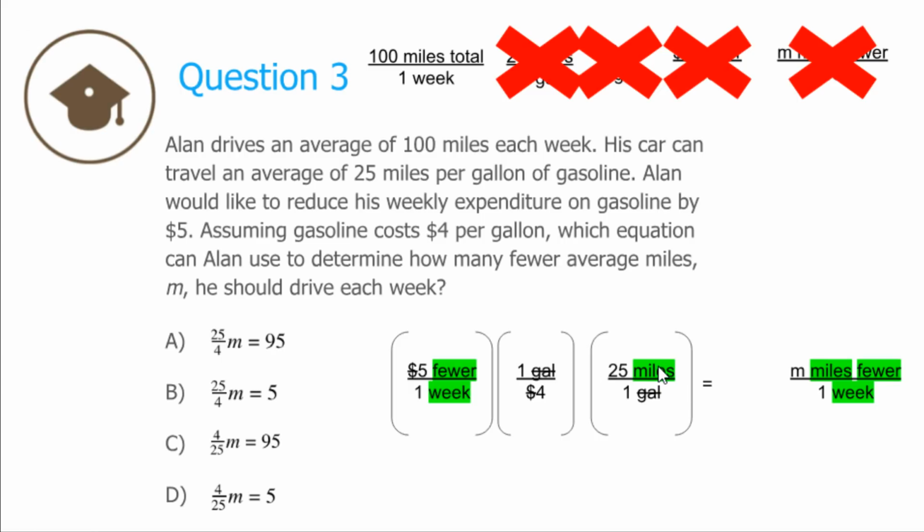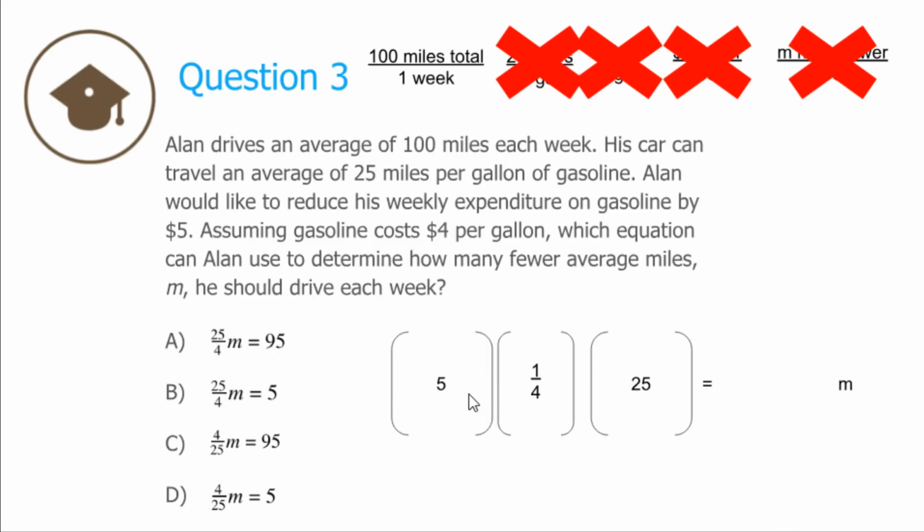So we have miles fewer per week. This should work. So let's go ahead and cancel out all of our different units because we have the same units on both sides. Now we have 5 times 1/4 times 25 equals m. Sweet. But what we notice is that the answer choices, they're not solved for m. M is next to a fraction. So what can we do to make our answer look like that?